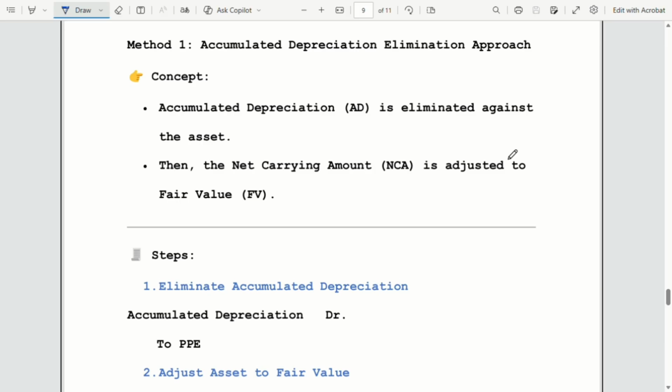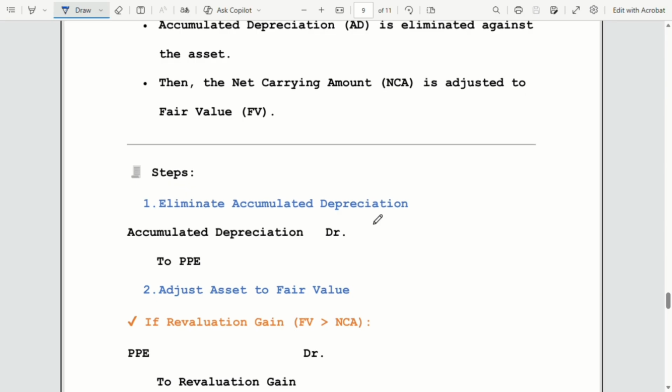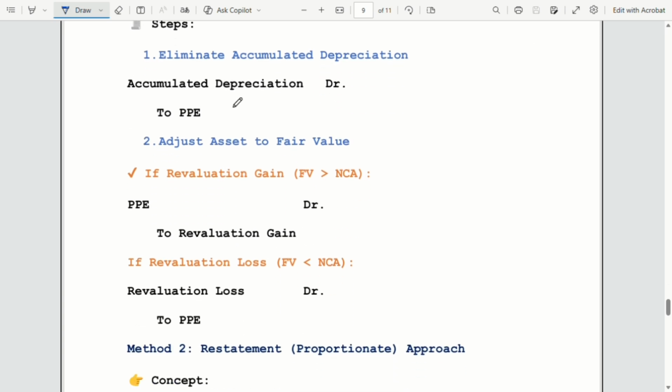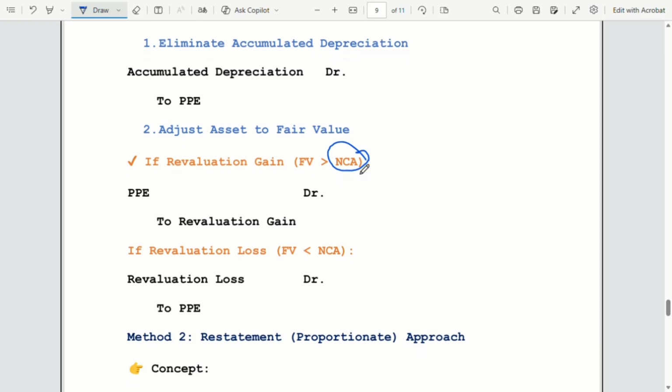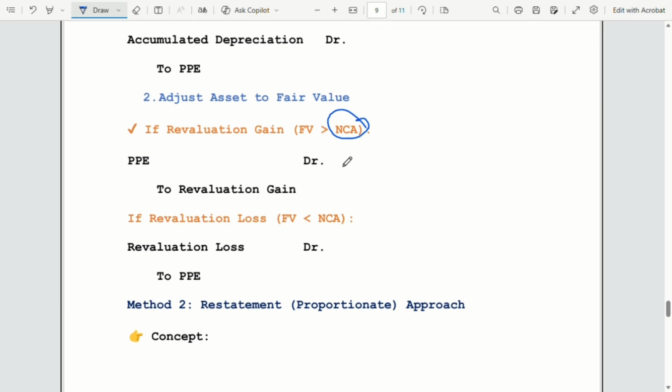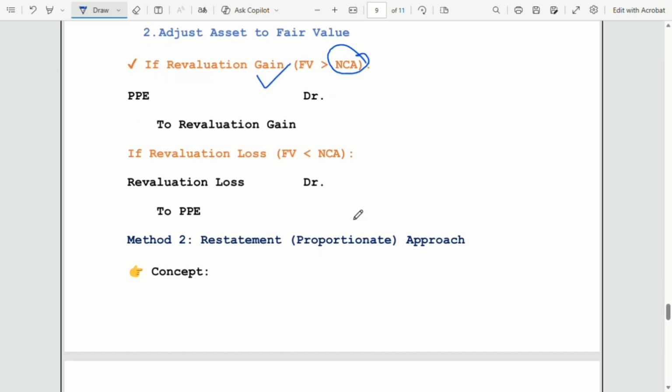In the accumulated depreciation approach, we first reverse the full accumulated depreciation. After reversing the depreciation, we get the net carrying amount, and we compare that net carrying value with the fair value. If fair value is more than the net carrying value, then we get a revaluation gain, and vice versa.